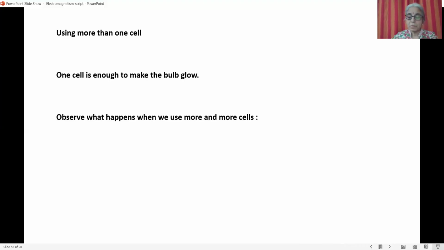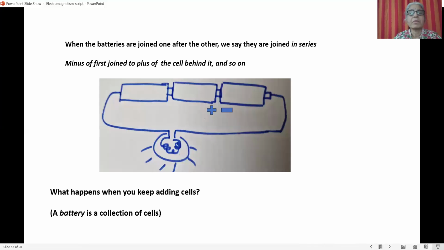So how do we use multiple cells? One cell is enough to make the bulb glow. But what happens if you use more and more cells? How do we connect them? When we create a battery by joining cells, we can connect them in two different ways. When they're connected like this, we call it a series connection.